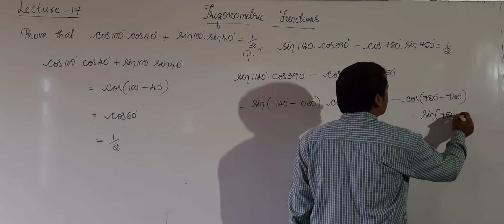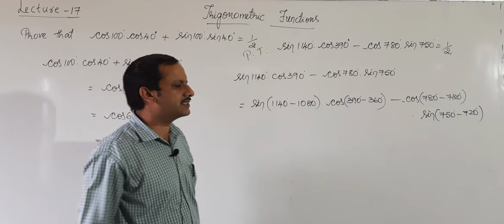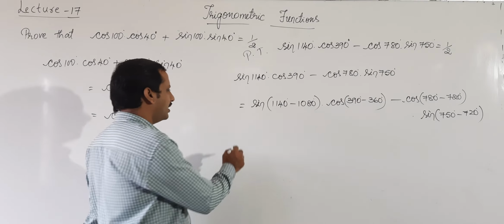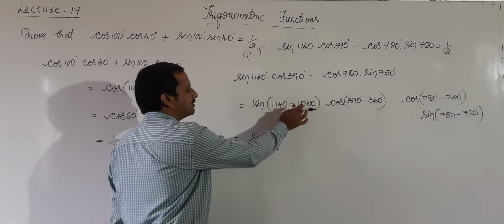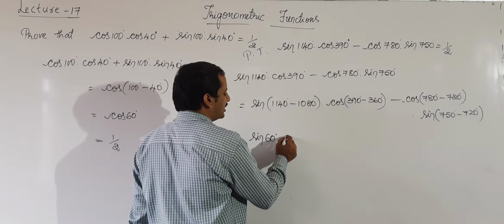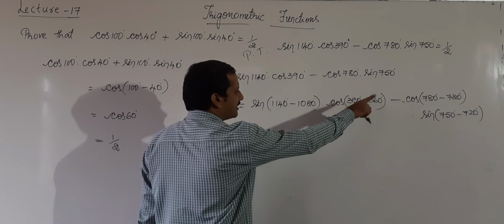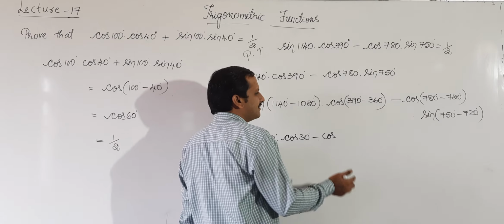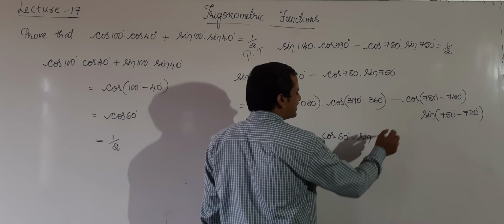There 750 degree also I will subtract 720 from it, 720 is a multiple of 360 into 2. So, this is equal to sin 60 degree, 1140 minus 1080, into cos 30 degree, minus cos of 780 minus 720, which is 60, so cos 60, into 750 minus 720 is 30.